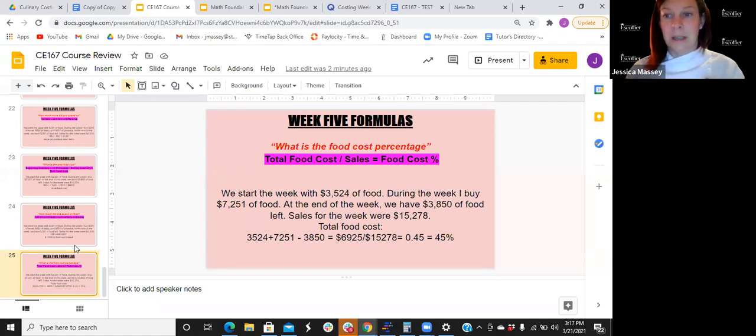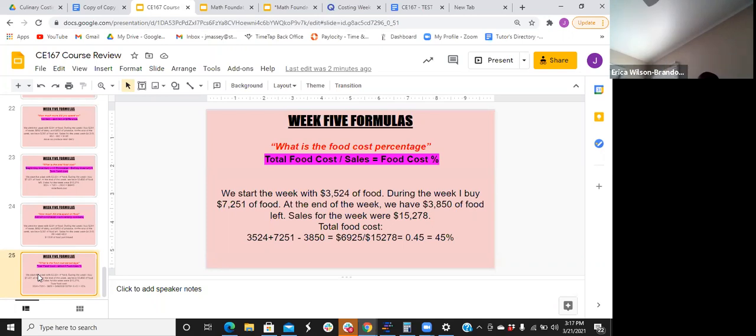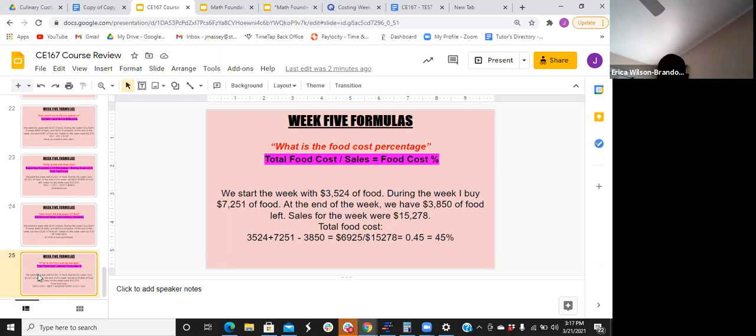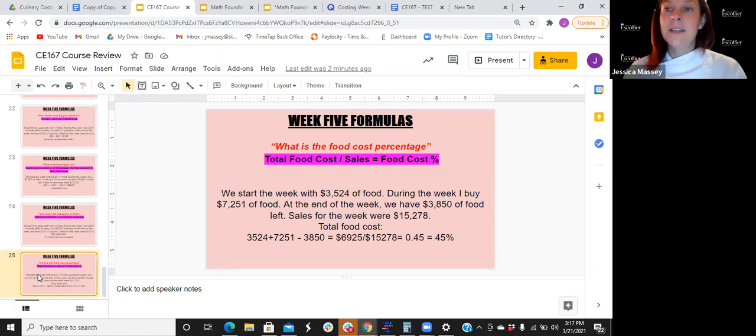You're going to use it next week. It didn't go anywhere. And then that gets you your total food cost. So how much you spent on food that you served, that was out of the door, out of your kitchen, you sold it. That equals your total food cost, which you need to be able to get your total food cost percentage.